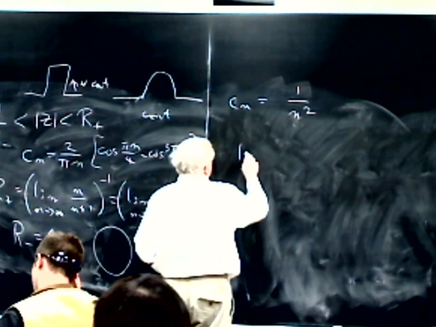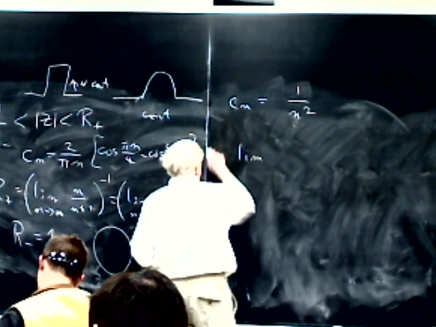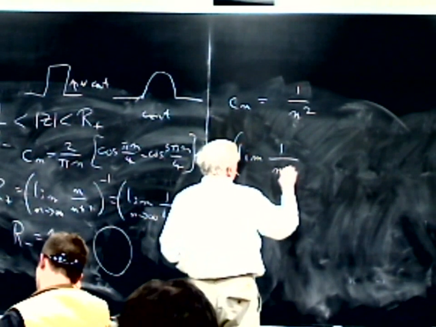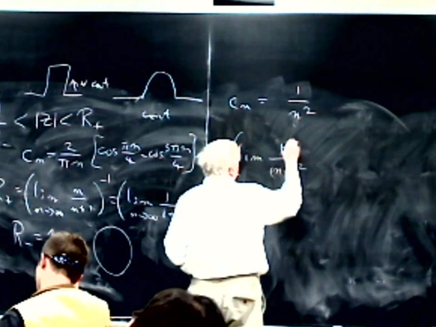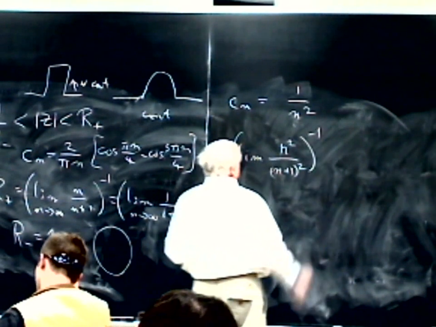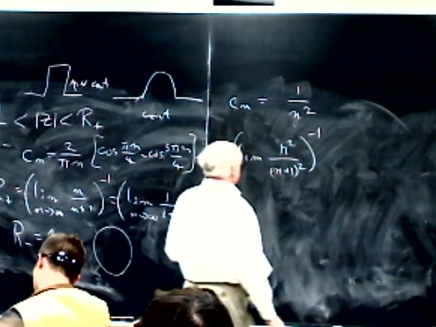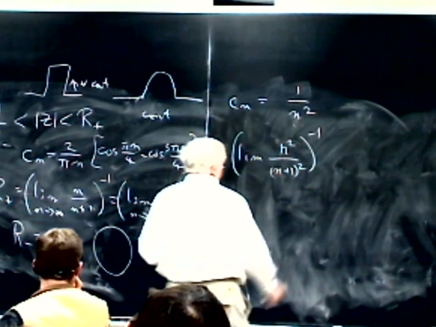Now, what we would have is the limit for r plus would be equal to the limit of 1 over (n plus 1) squared times n squared inverse. Do I have that right? I think so.